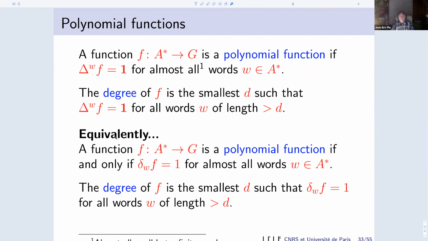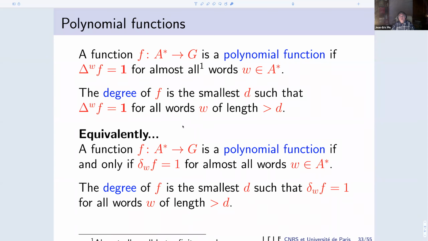And there is an equivalent definition. I have to say that this is a theorem. You need to work a little bit to prove that these two versions are equivalent. So a function is a polynomial function if and only if now you just look at the lowercase delta w, and they are 1 for almost all words. And the degree in the same way is the smallest d. And if you look back to the commutative case, well, this is true.